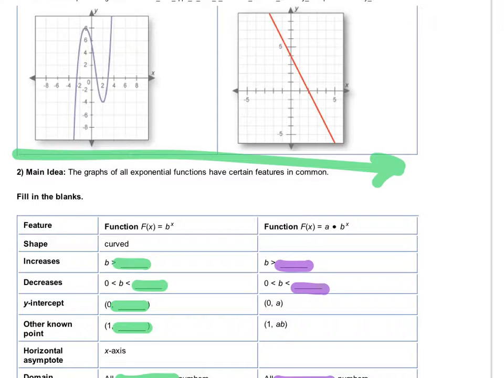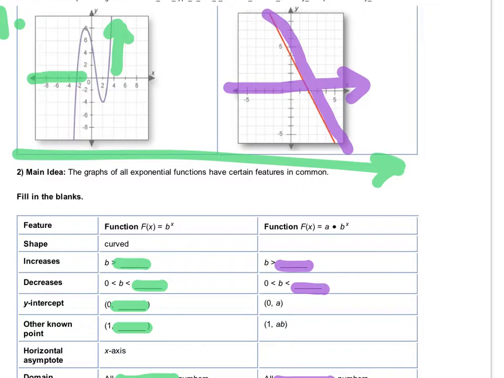So this first graph is going to be increasing because as we go from left to right, this graph is going up. So that's an increasing graph. This one here, going from left to right, is actually decreasing because it's going lower.